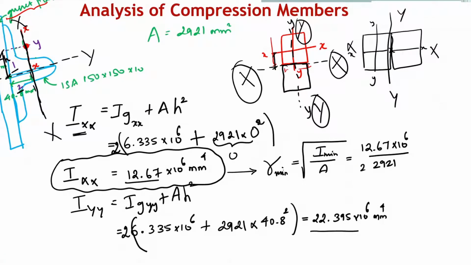Again, you have two angles, so I am multiplying by 2. Now, if you calculate, the minimum radius of gyration comes out to be 46.57 mm. This is the minimum radius of gyration for the given numerical.